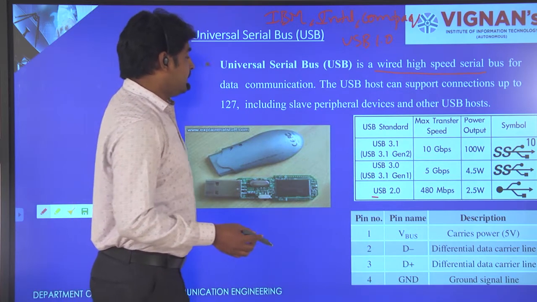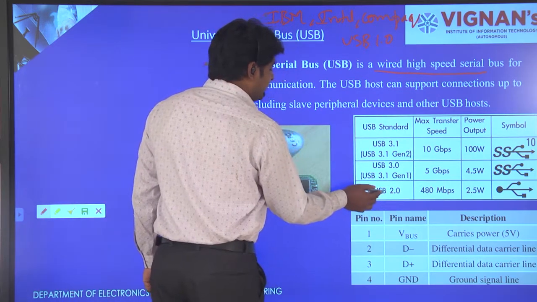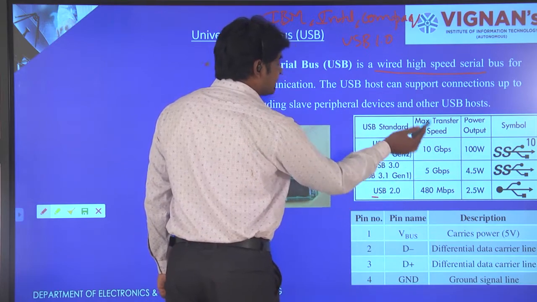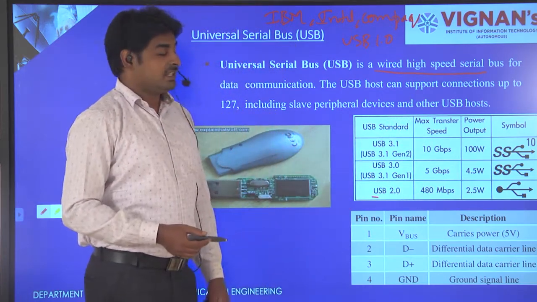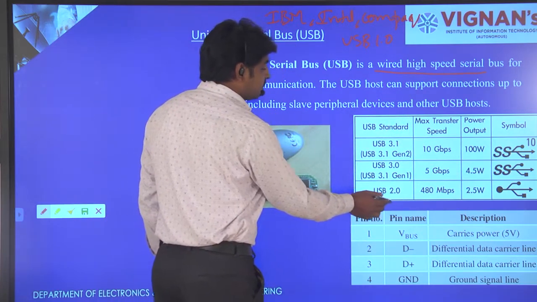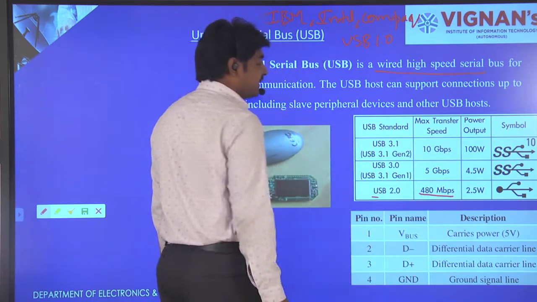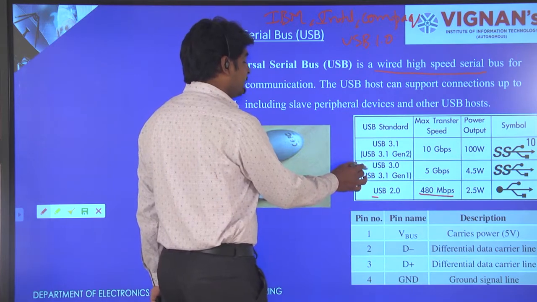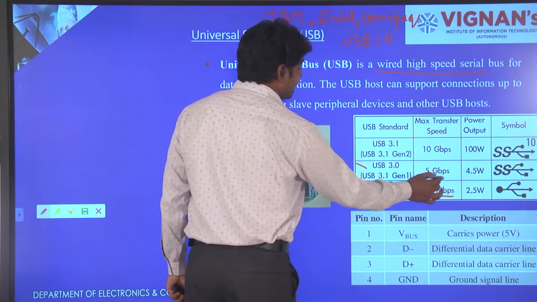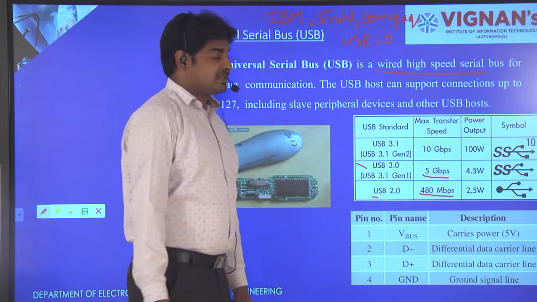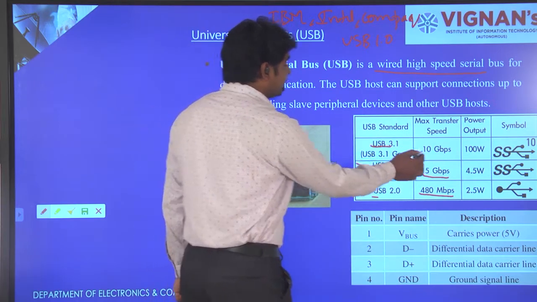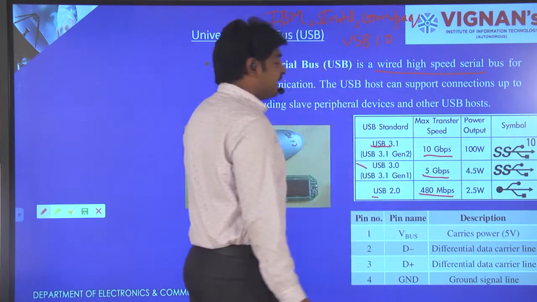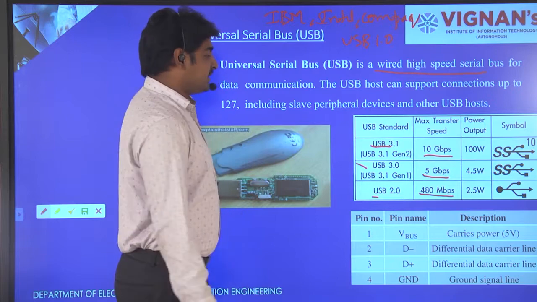Now, as the USB updated, the maximum transfer speed or data rate also increased. If you take USB 2.0, it can transfer data at a rate of 480 megabits per second. Similarly, USB 3.0 can transfer data at a rate of 5 gigabits per second. Similarly, USB 3.1 can transfer data at 10 gigabits per second.